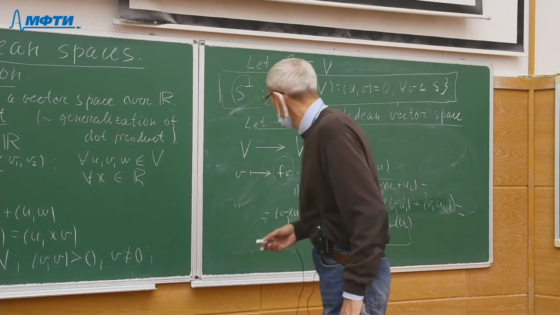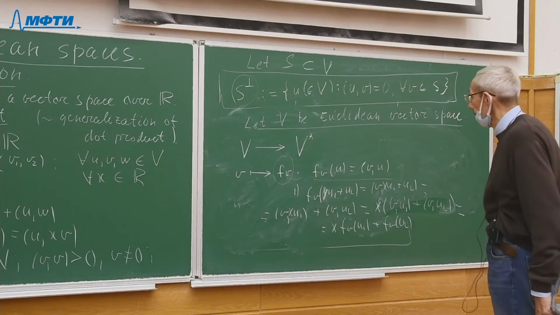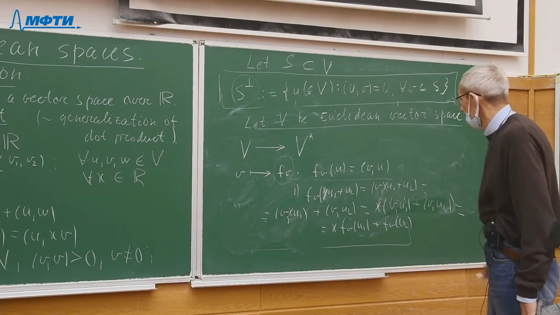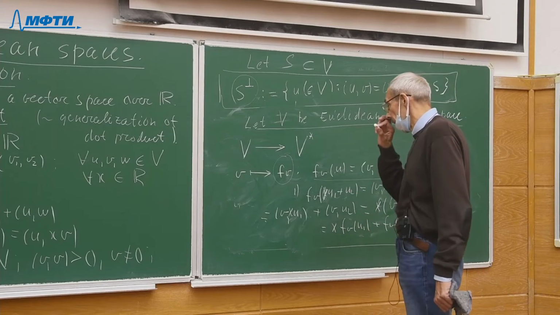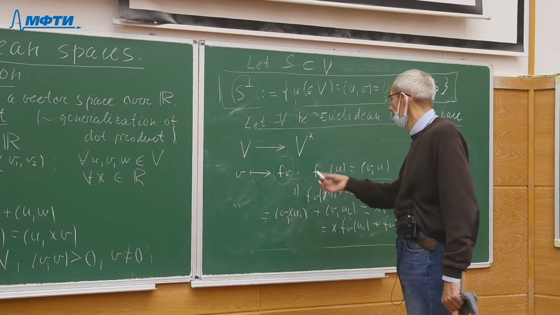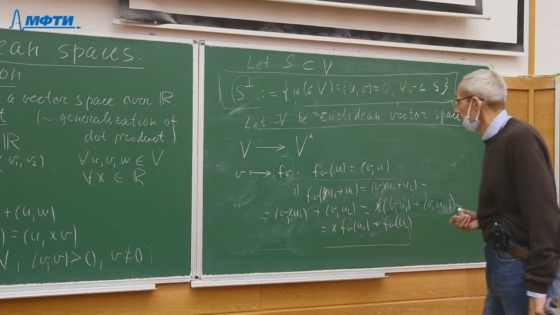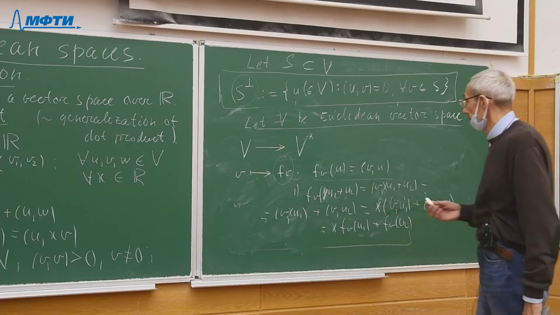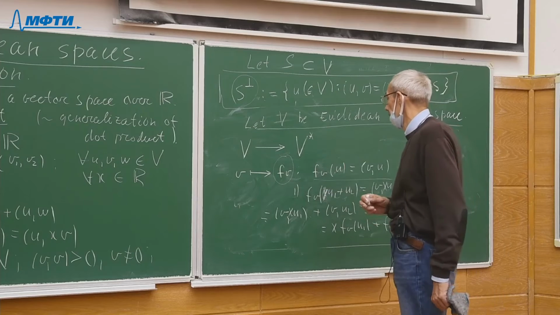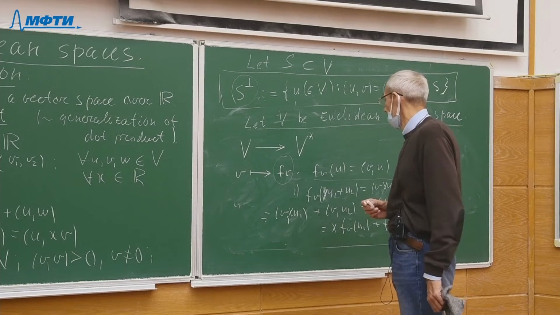Easy to see that this linear map is an isomorphism. Easy to see that this linear map is injective.